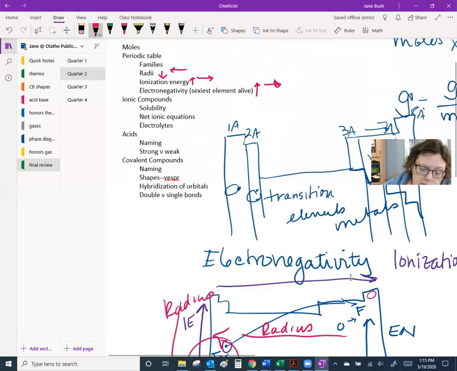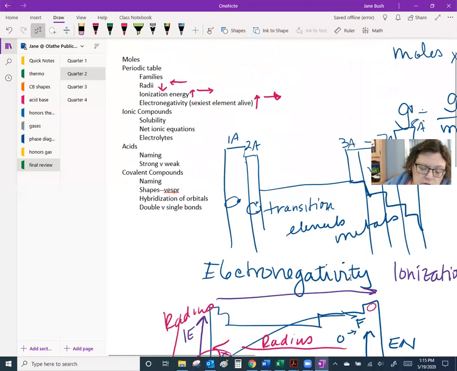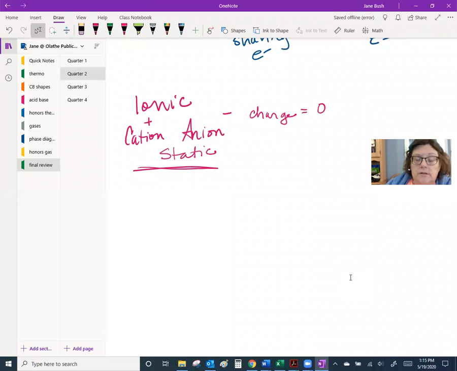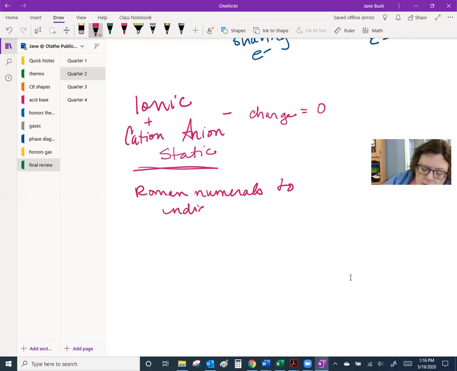You guys, I feel like, knew naming pretty well on ionic compounds, but to remind you, for ionic compounds we don't use prefixes, but we do use Roman numerals to indicate the cation charge.